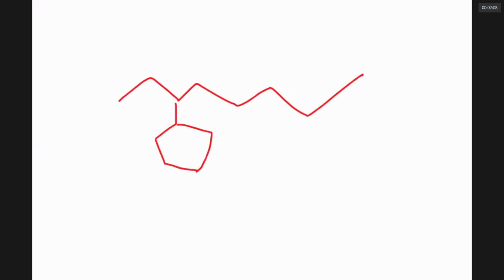What is the IUPAC name of this compound, sir? It is not a big deal. It is 3-cyclopentyl, sorry, 3-cyclopentyl.